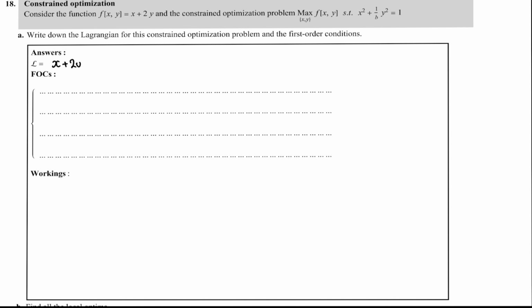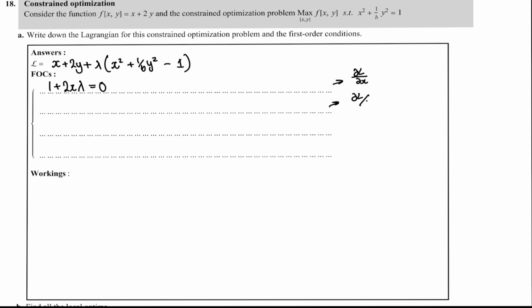So we have x plus 2y plus lambda (x squared plus 1 over b y squared minus 1). If I first differentiate partially with respect to x, I get 1 plus 2x lambda is equal to 0.